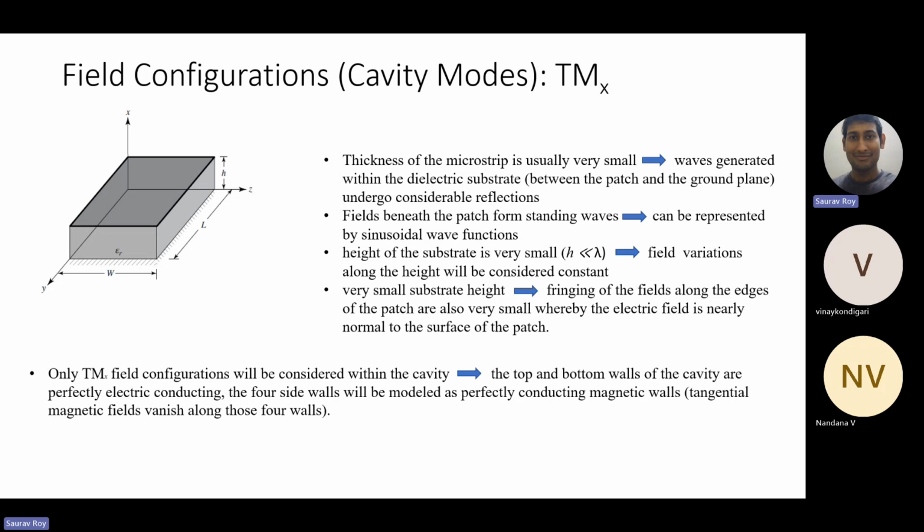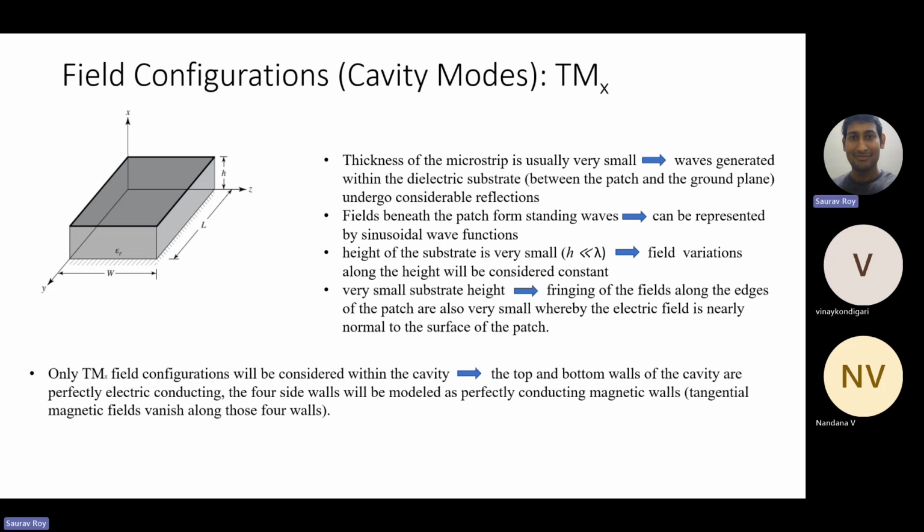And also, because the substrate height is small, fringing of the fields along the edges of the patch is also very small. So the electric field is nearly normal to the surface of the patch. Obviously, the fringing is almost negligible along the edges, so we consider the field almost perpendicular to the surface.